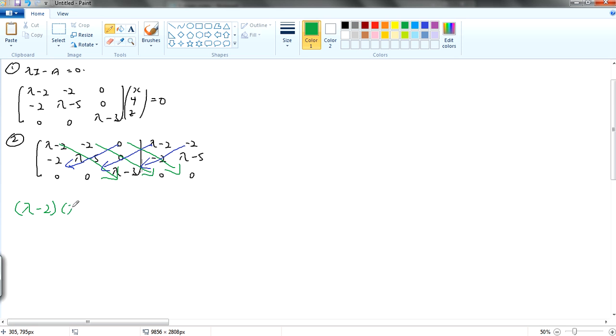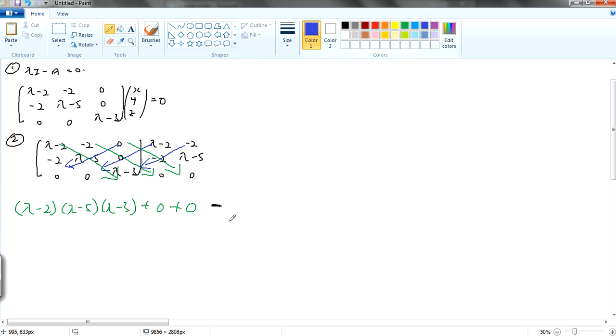The next step you need to do is to do up all the multiplications. So lambda minus 2, lambda minus 5, lambda minus 3. This is the first row, and then minus 2 times 0 definitely is 0, and you plus 0 times minus 2, 0. Now we are dealing with the minus. Remember green color minus the blue color.